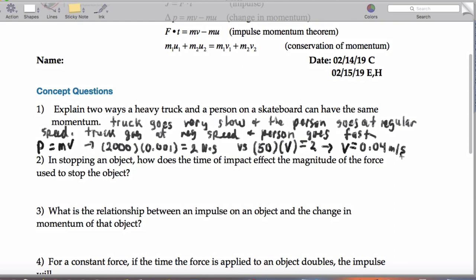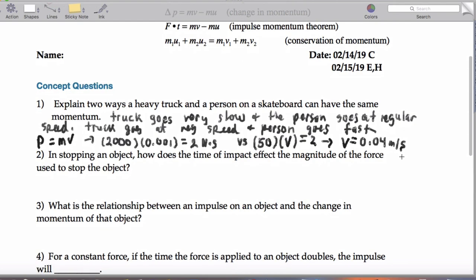Now, in stopping an object, how does time of impact affect the magnitude of the force used to stop the object? So when you have these concept questions, what you want to do is this. Force and time. Let's write down the impulse formula. Now let's think about the egg drop experiment. So a small time leads to a big impact force.